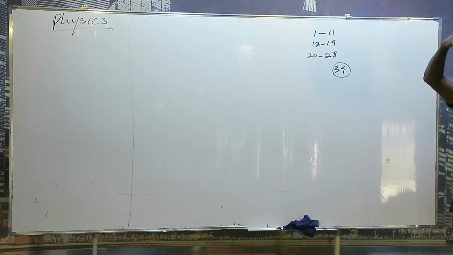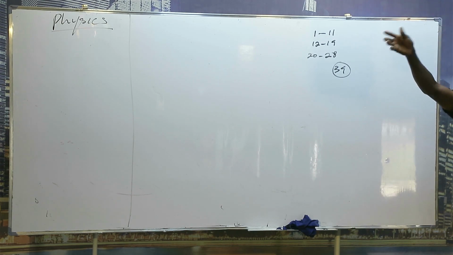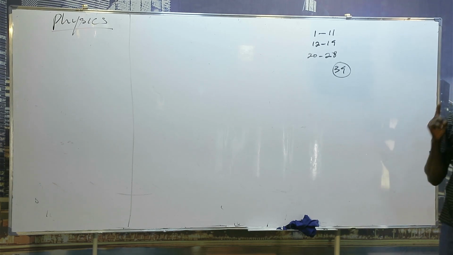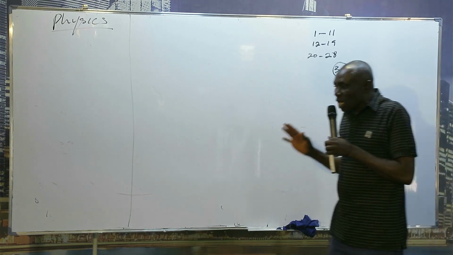If you list them: work, power, and energy, machines, equilibrium of forces, elasticity, it will land you at density and upthrust. So the whole of chapter 1 to 11 is mechanics.